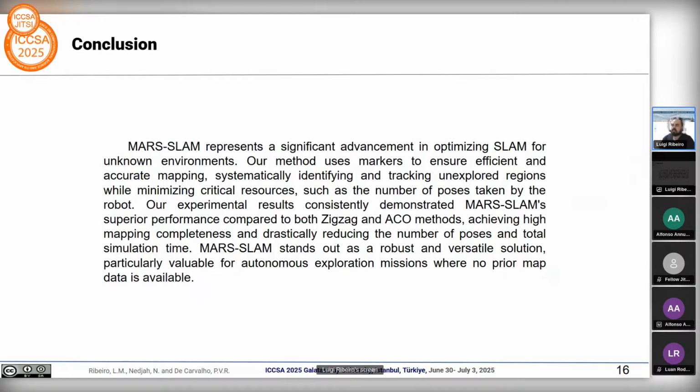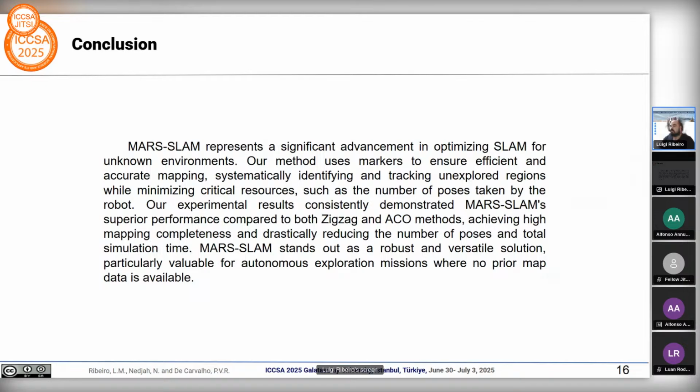Our experimental results consistently demonstrate Marlin superior performance compared to both zigzag and ACO methods, achieving high map completeness and drastically reducing the number of the poles in total simulation time.